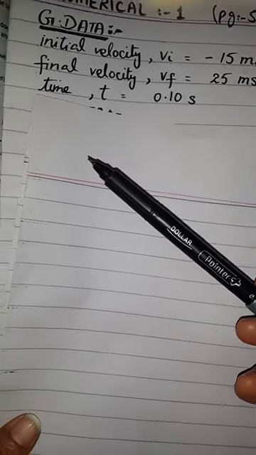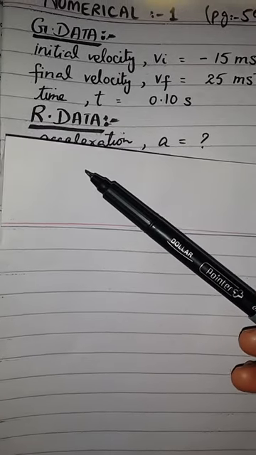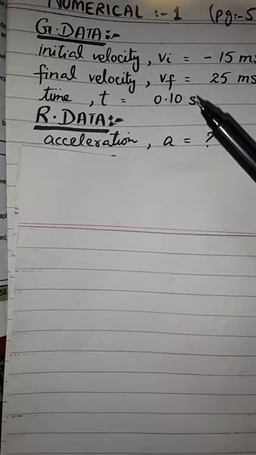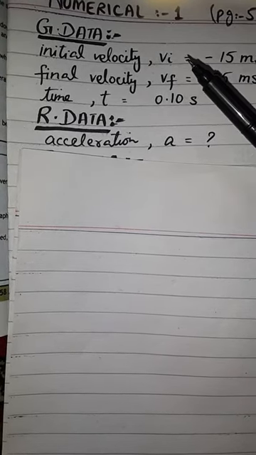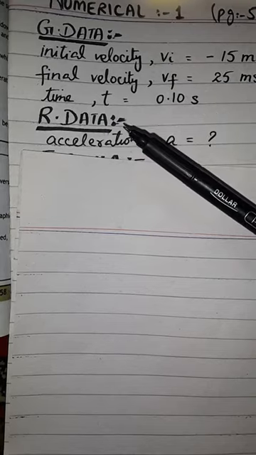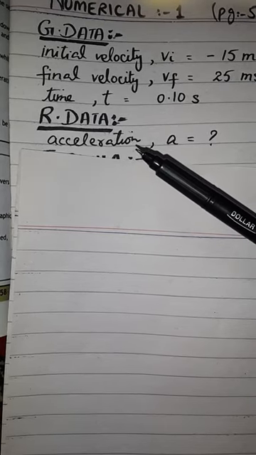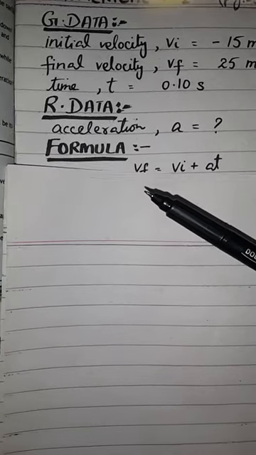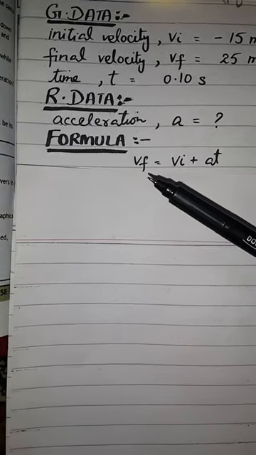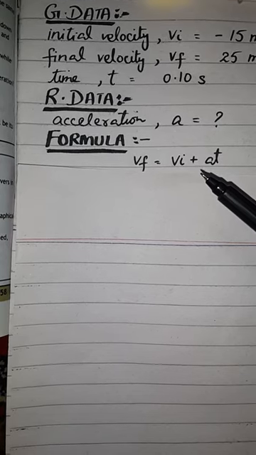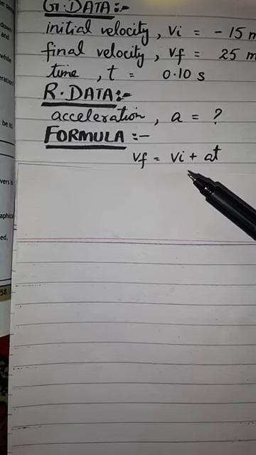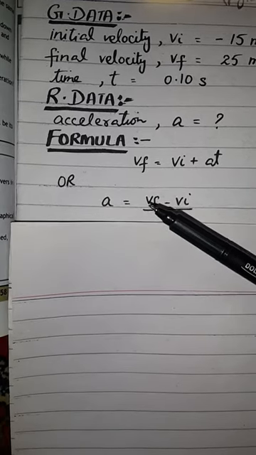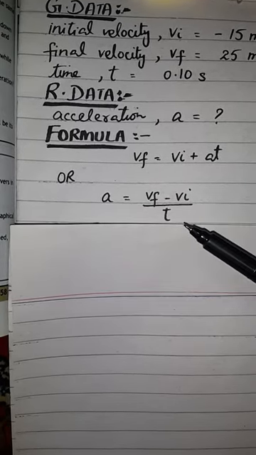Now the required data is acceleration A. Here VI, VF and T are given to us and we have to find the acceleration. So our formula will be the first equation of motion, VF equals VI plus AT. To find the acceleration, this formula becomes A equals VF minus VI divided by T.